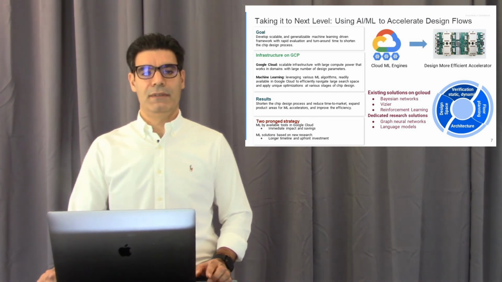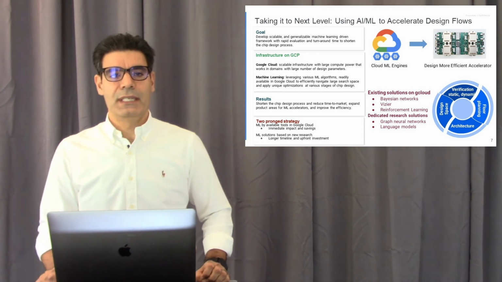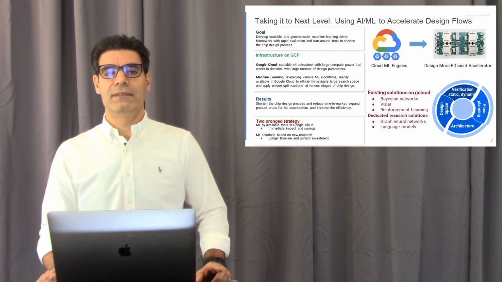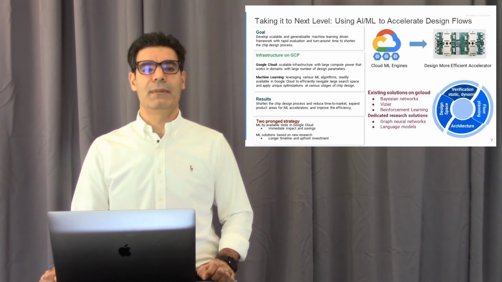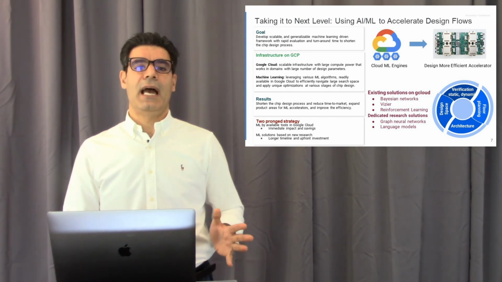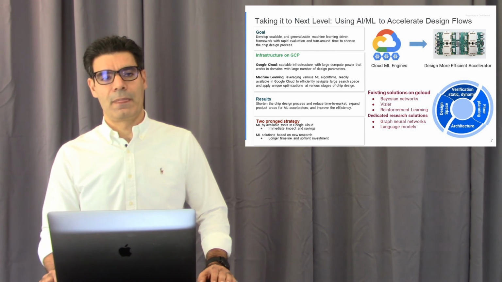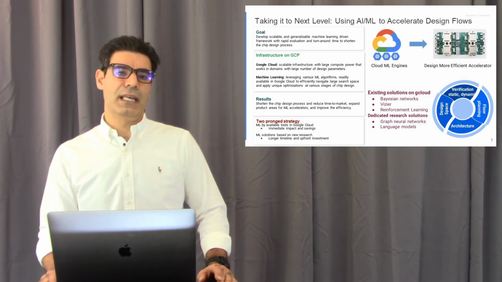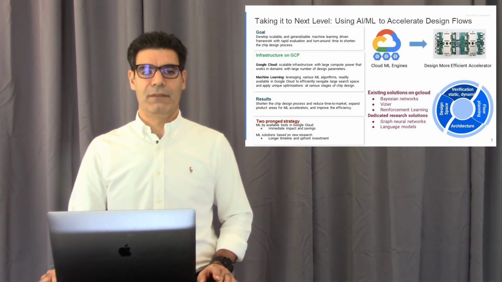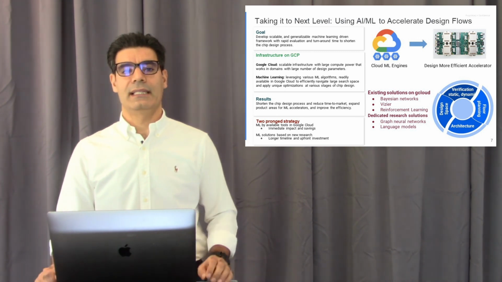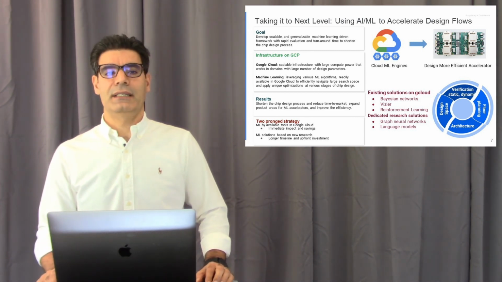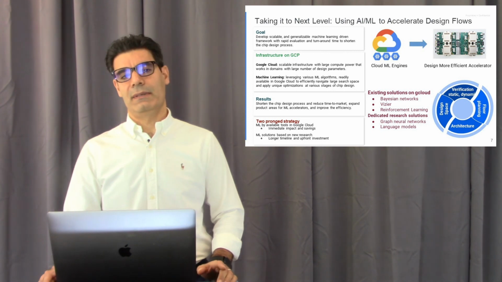By GCP, which is the Google Cloud Platform, we can leverage the compute power and different ML algorithms which are available in Google Cloud to efficiently apply unique optimizations at all stages of chip design. We have already applied it to four different stages: verification, which is both static and dynamic, floor planning, architecture, and design space exploration.